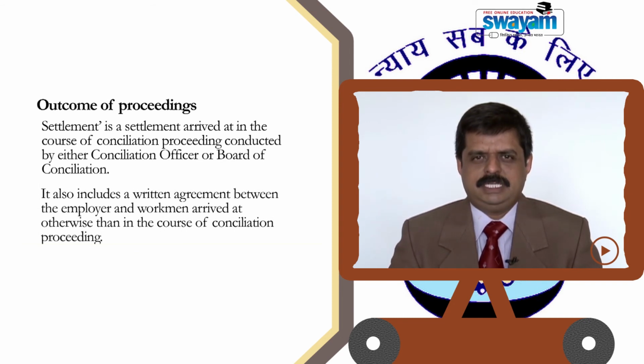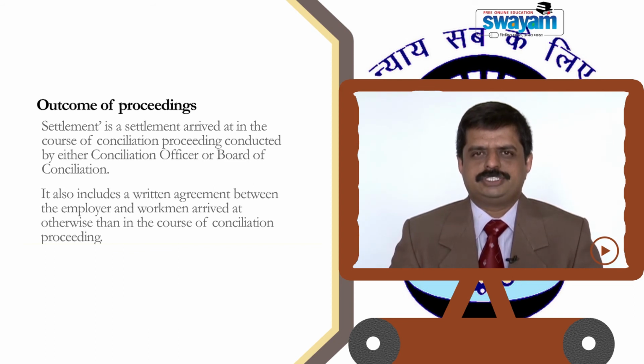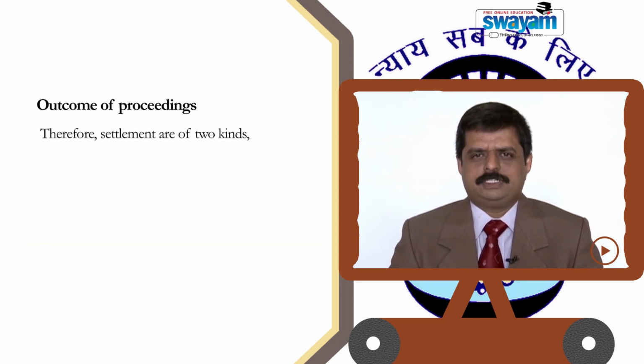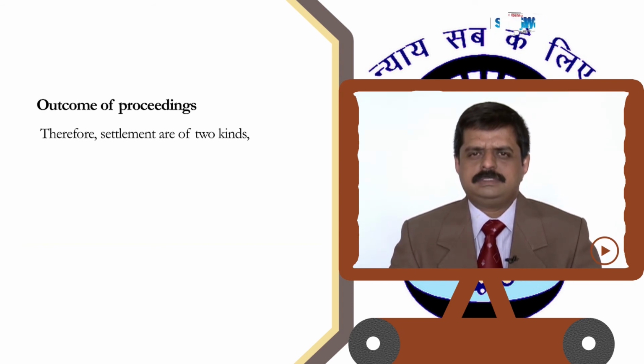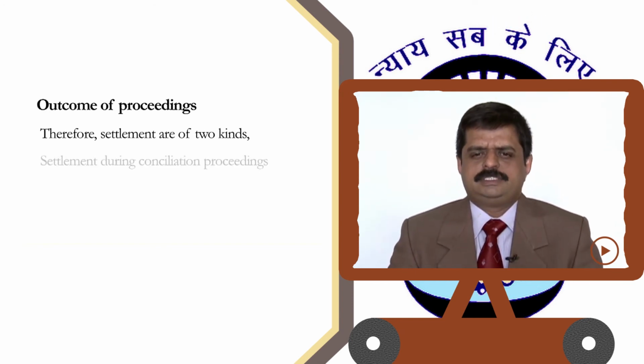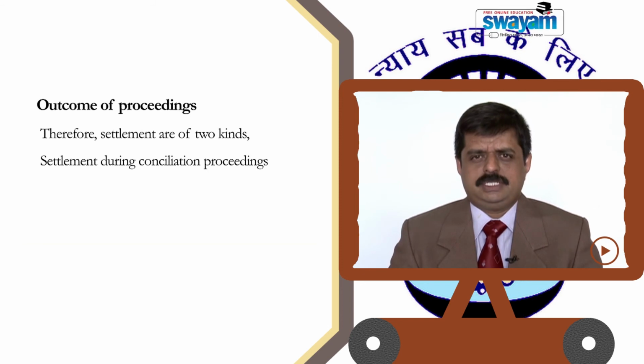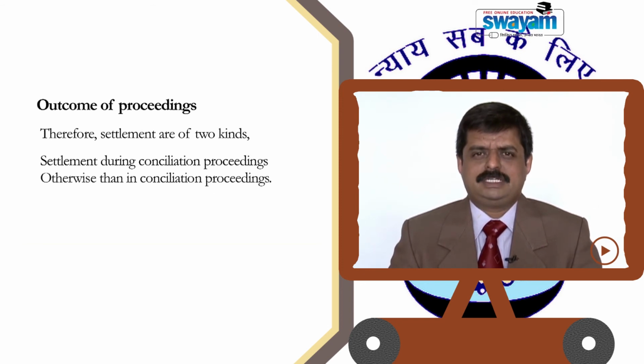Please remember, it is arrived at by the parties with the assistance of the conciliator. So, this is what happens with the outcome of conciliation. And there are two kinds of settlements. Number 1, settlement during conciliation proceedings. The other one is settlement outside or other than conciliation proceedings.